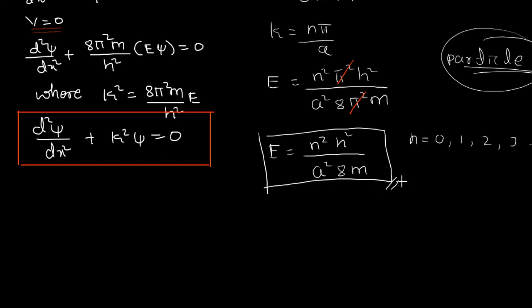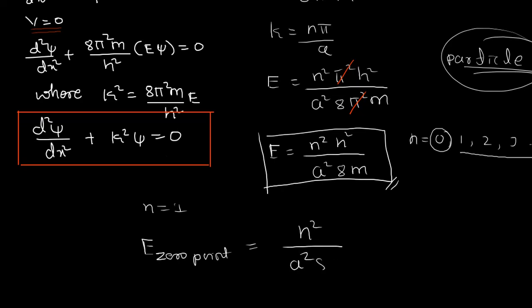So that's why we must not take 0. The minimum value must be taken from 1, 2, 3, and so on. So if I take n equals 1, then the above equation gives the zero point energy equals h square by a square 8 m. This is the equation for zero point energy.